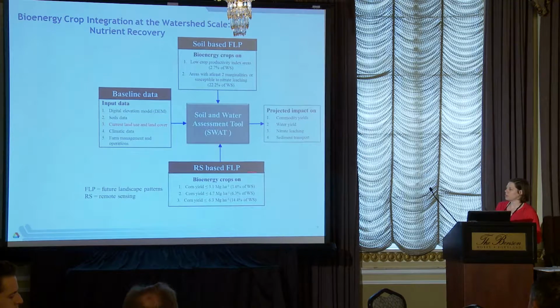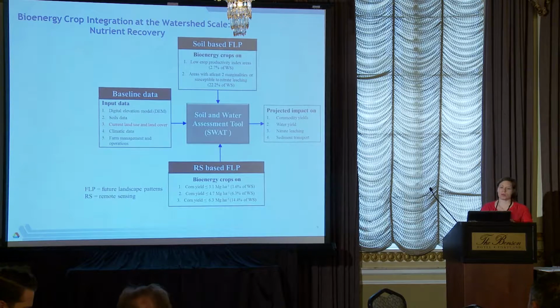The first one is remote sensing, which predominantly looks at corn yields over our watershed. And then we also can use soil characteristics, SSURGO data, which looks at both crop productivity as well as marginalities. And so from here, we can determine how they impact our outputs, including commodity yield, water yield, nitrate leaching, sediment transport.